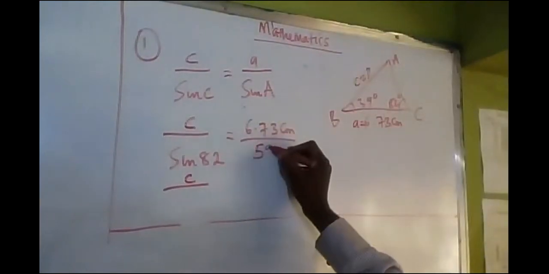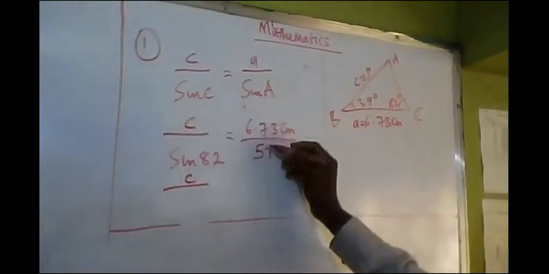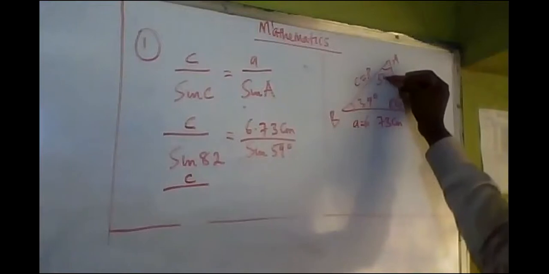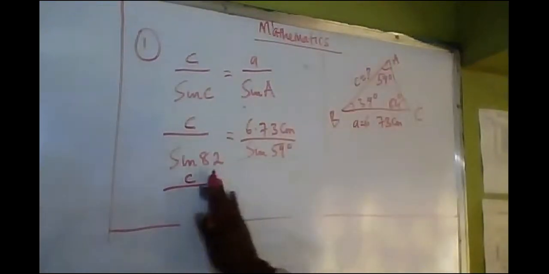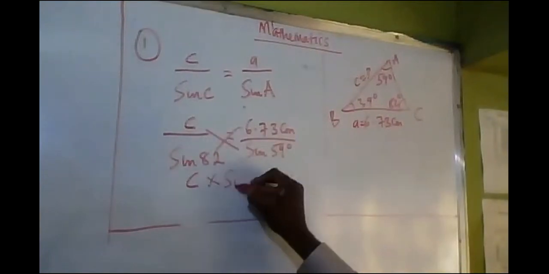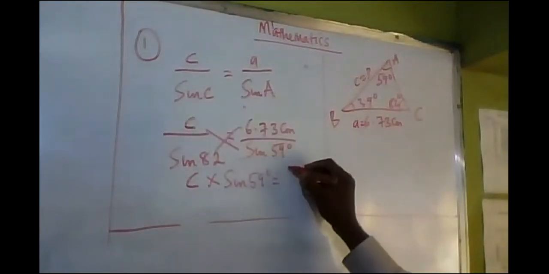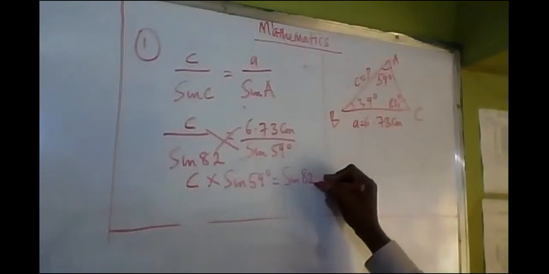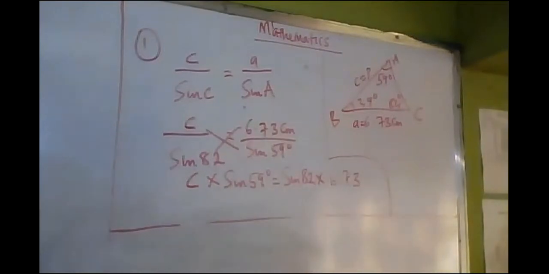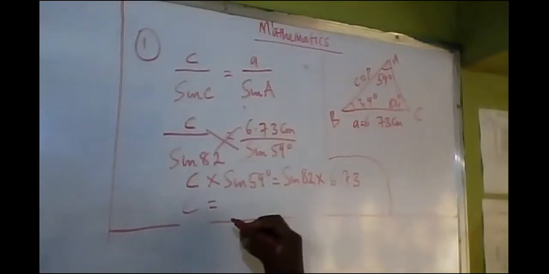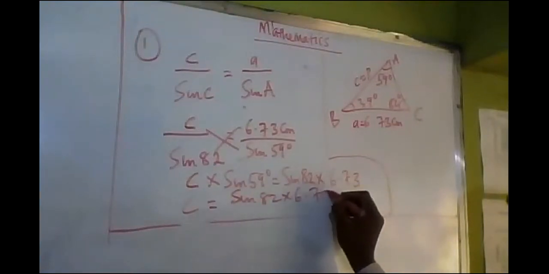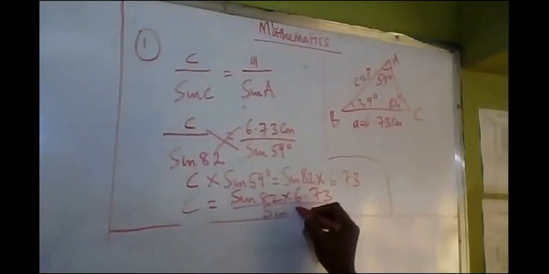So that is 59 degrees, but it's sine, so that should give us sine 59 degrees. So making c the subject of the formula, or cross multiplying, c times sine 59 is equal to sine 82 times 6.73. So c is sine 82 times 6.73 over sine 59.